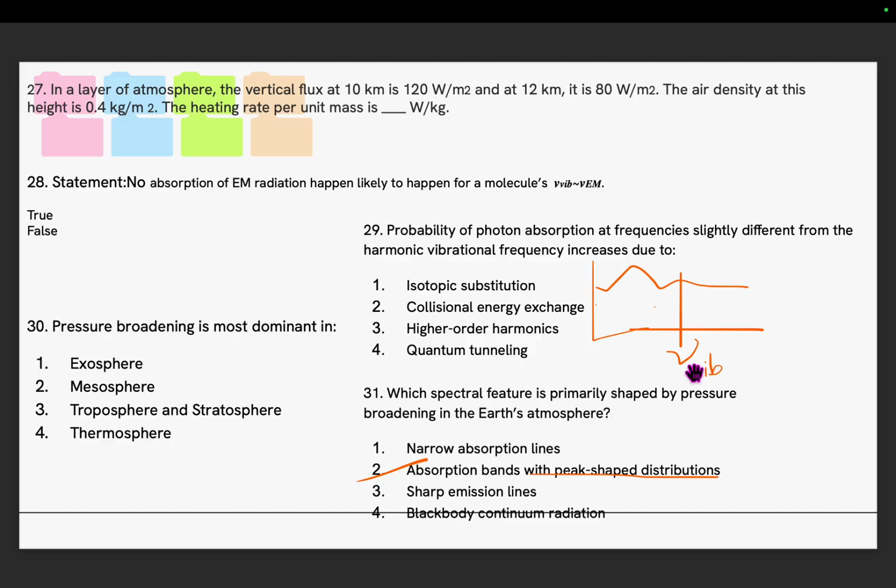It is not a delta-like function. Always you will see the absorption like this, the creation of a band due to absorption. Question 31, option 2 is correct.